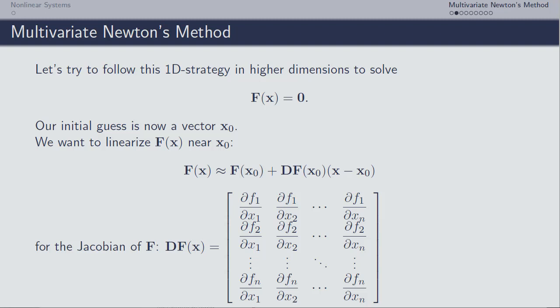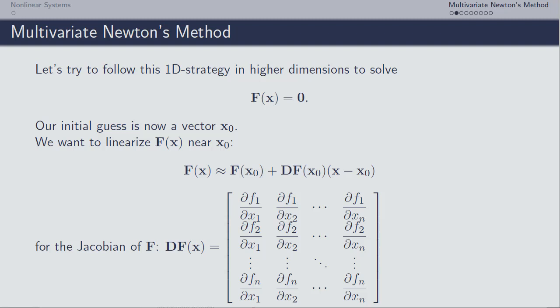So f of x is approximately f of x naught plus this df, the Jacobian of f at x naught, times x minus x naught, where the Jacobian, df, is the matrix of all the different first partial derivatives of f. Right? So on each row, we have the partial of the first function with respect to each of the individual variables. So we get the partial of f1 with respect to x1, partial of f1 with respect to x2, and so forth.